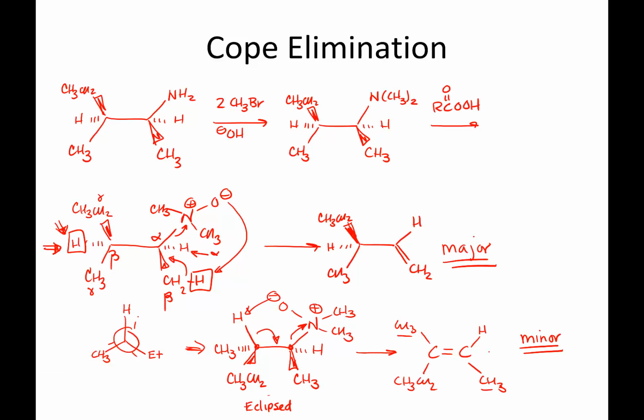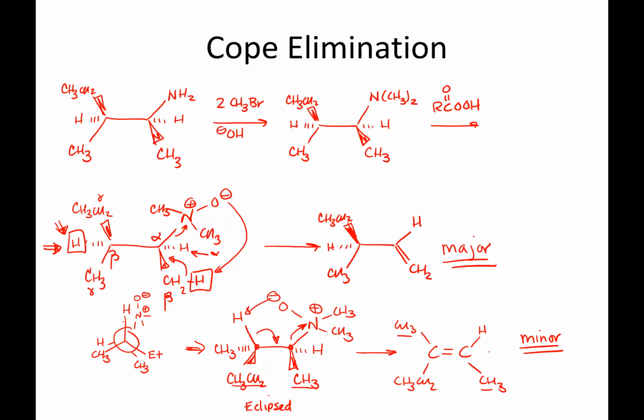So that means the amine oxide with its two methyl groups, its positive and negative charge are there. Down here, the ethyl group is going to be eclipsed by methyl, and the methyl group is eclipsed by hydrogen. So this is my eclipsed Newman conformation.